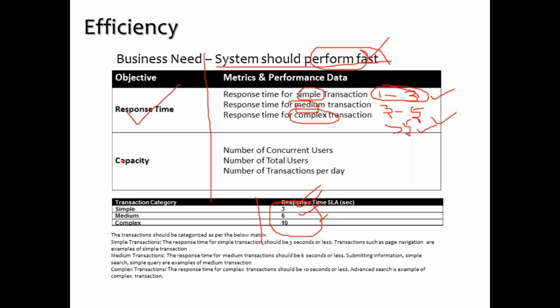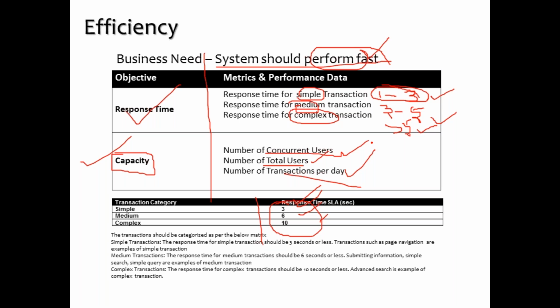Efficiency also has one other perspective, called the capacity perspective. The capacity perspective covers the number of concurrent users of the system, the number of total users using the system, and the number of transactions supported per day. Is it 10,000 transactions or 20,000 transactions or whatever?